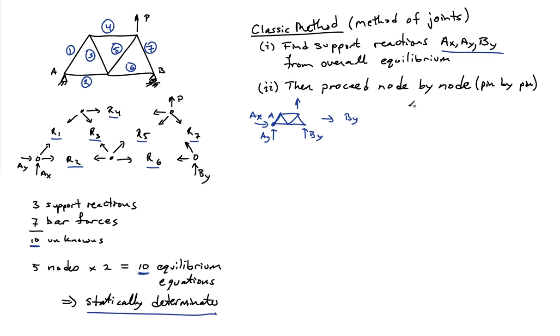And from there I could do force equilibrium in the vertical direction and force equilibrium in the horizontal direction, and that would tell me what AX and AY were. So that's step one of this classical method.